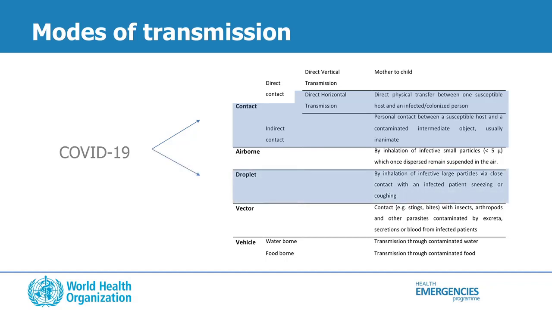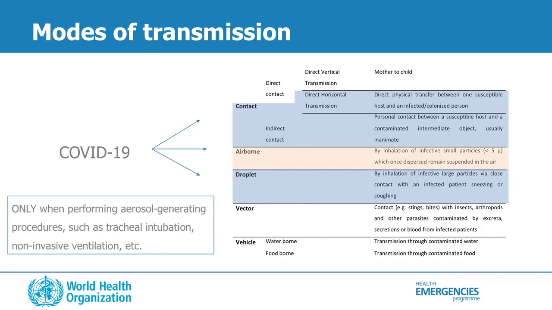Through droplets, by inhalation of infective large particles via close contact with an infected patient sneezing or coughing. Or airborne, but only when performing aerosol-generating procedures such as tracheal intubation and non-invasive ventilation. COVID-19 is not an airborne virus, but can be aerosolized during these specific medical activities.